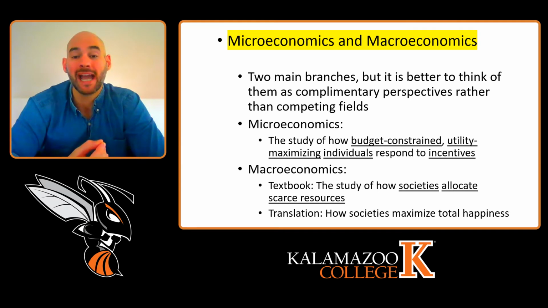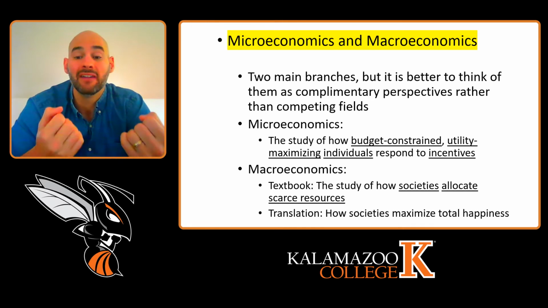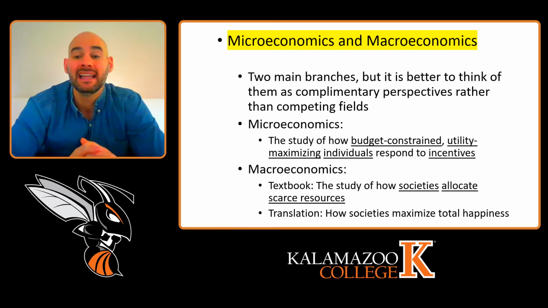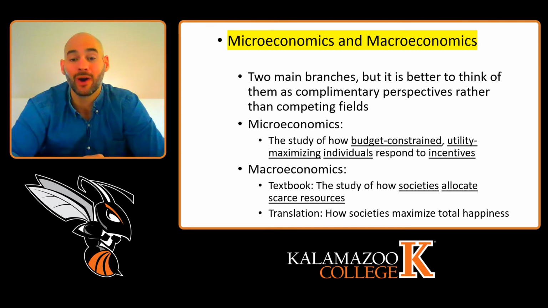And there are some vocabulary words here. Budget-constrained just means that we are unable to afford, unable to accrue everything that we want. Utility-maximizing just means that we are rational, that we are seeking happiness, and that we're trying to maximize our happiness subject to our constraints, subject to scarcity and our limited resources.